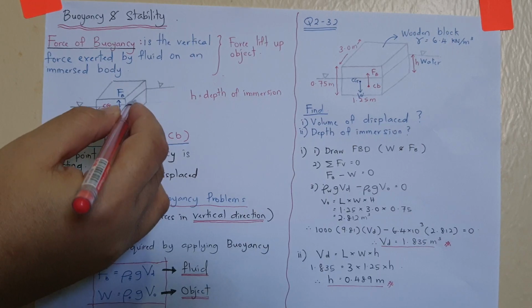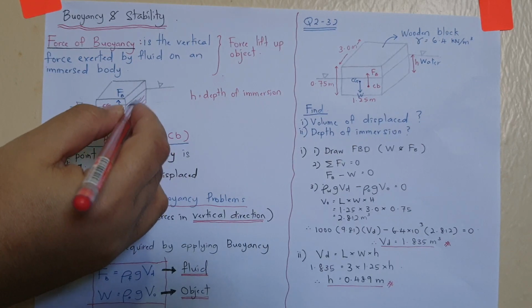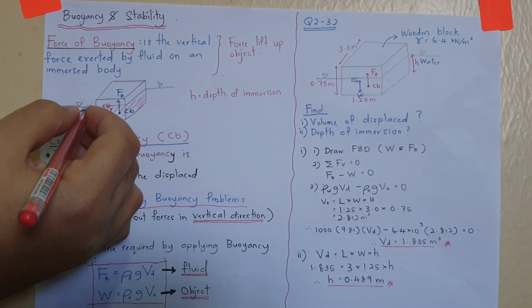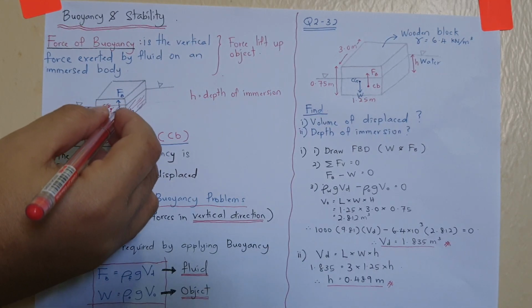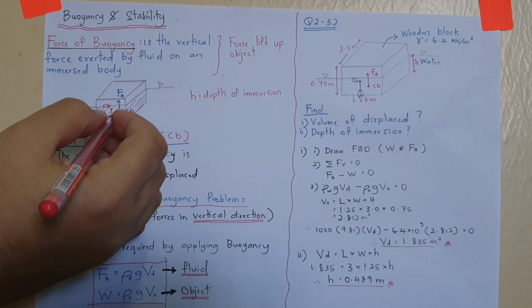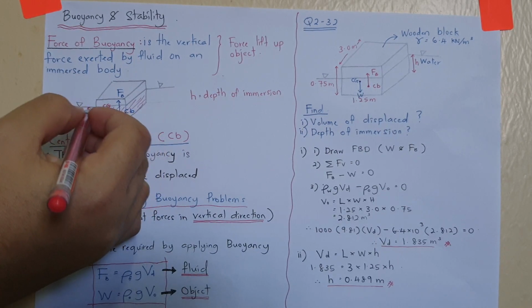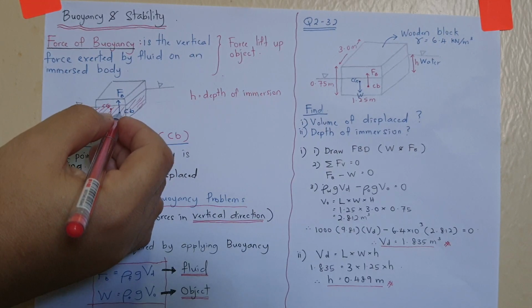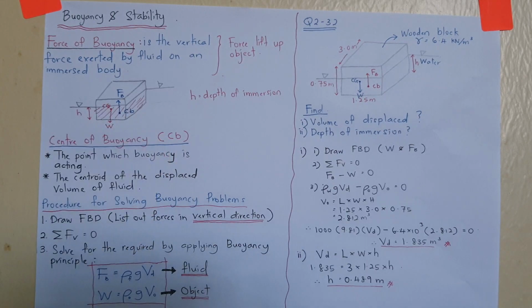Volume displaced means the immersed part of the object. This is the cross section of the immersed part, so the CB will be at its centroid. If I put H as the depth of immersion, CB is located at half of H.